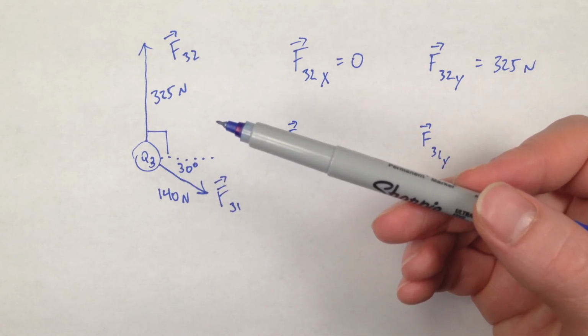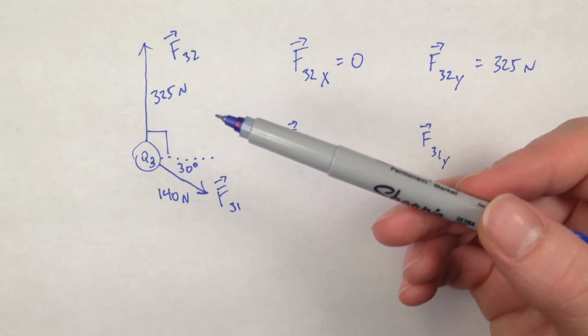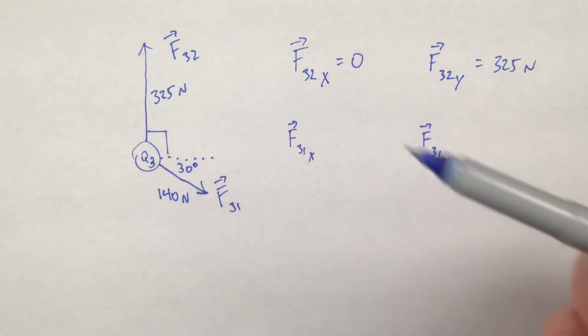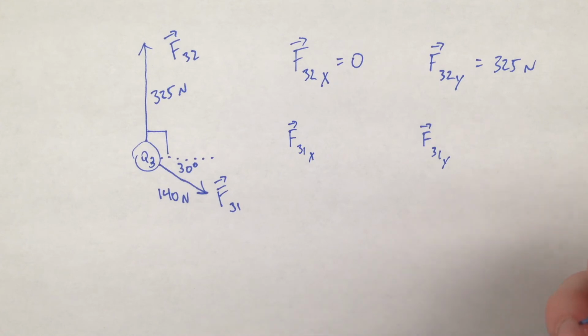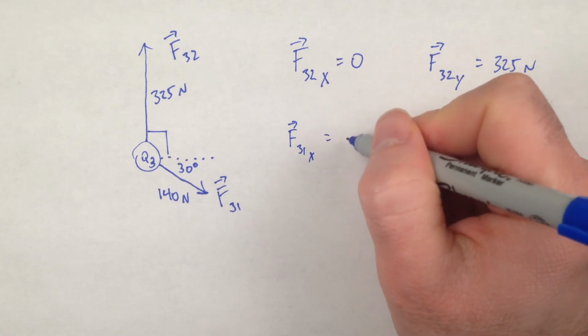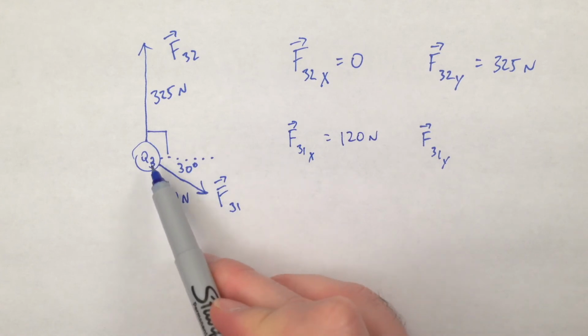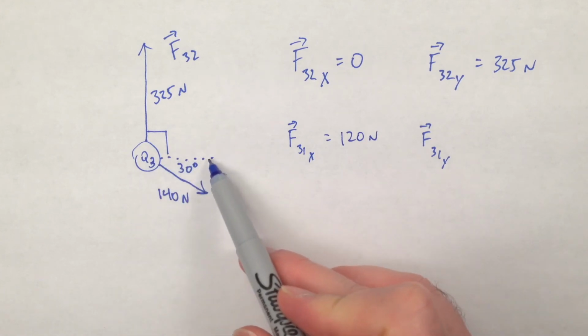It's the square root of 3 over 2. And that means that if we multiply the square root of 3 over 2 by 140, we get a nice approximate 120 newtons. So that's the approximate horizontal component of that force.